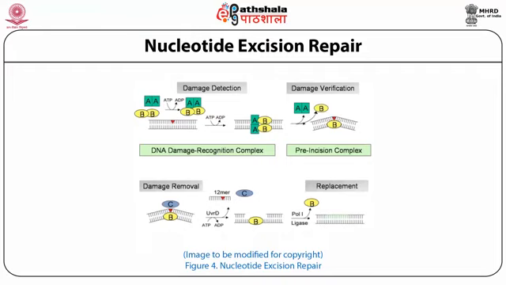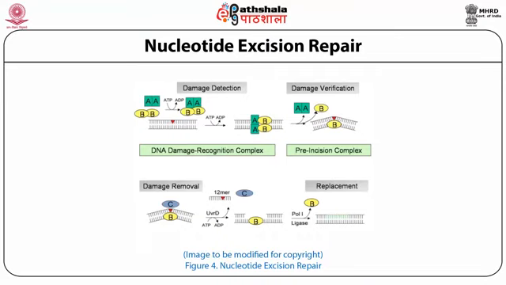The DNA segment of 11 or 12 nucleotides containing the damaged part is excised by UvrABC endonuclease and then displaced by a helicase, UvrD. In this mechanism, a heterotrimeric complex consisting of UvrA2 and UvrB recognizes a pyrimidine dimer or other damaged sites of the DNA.